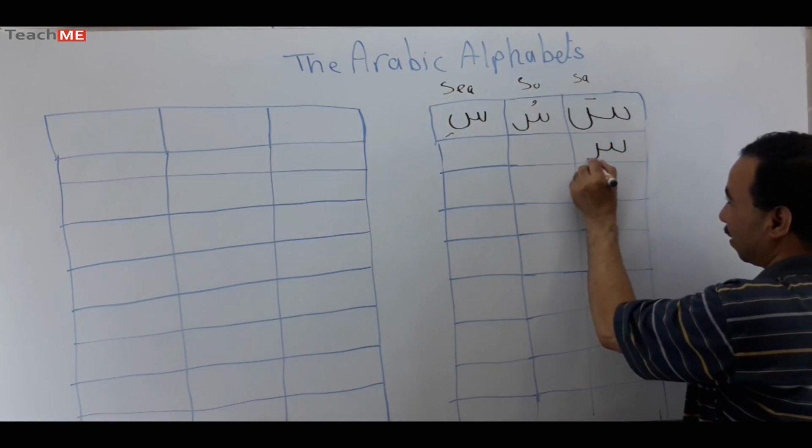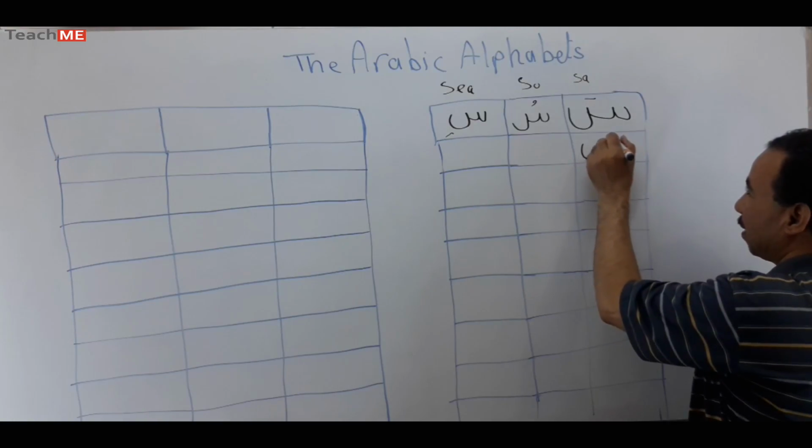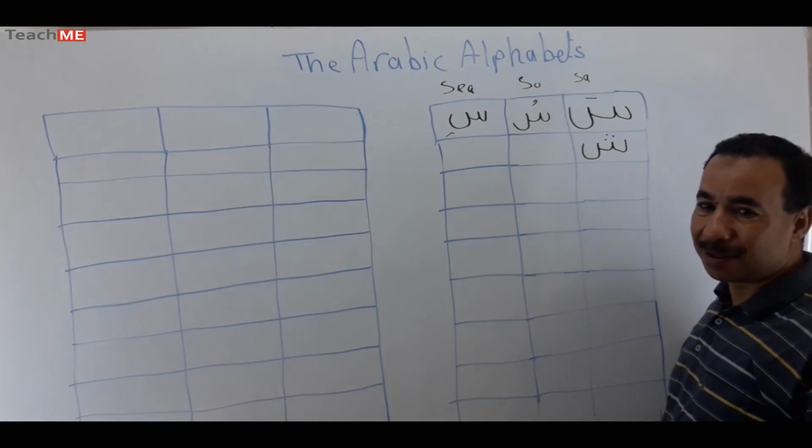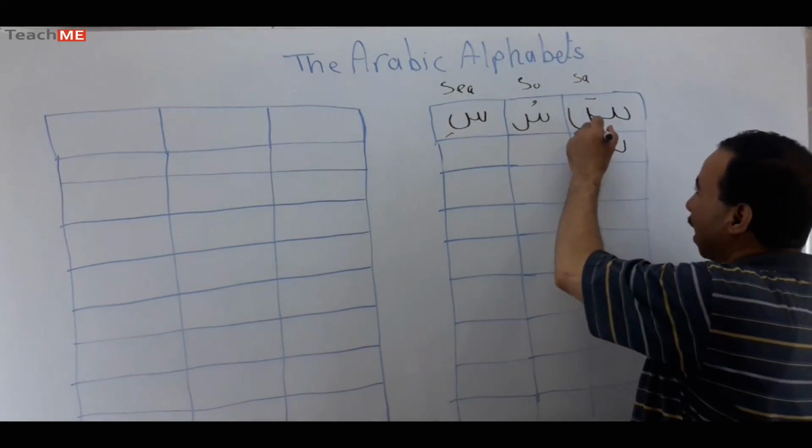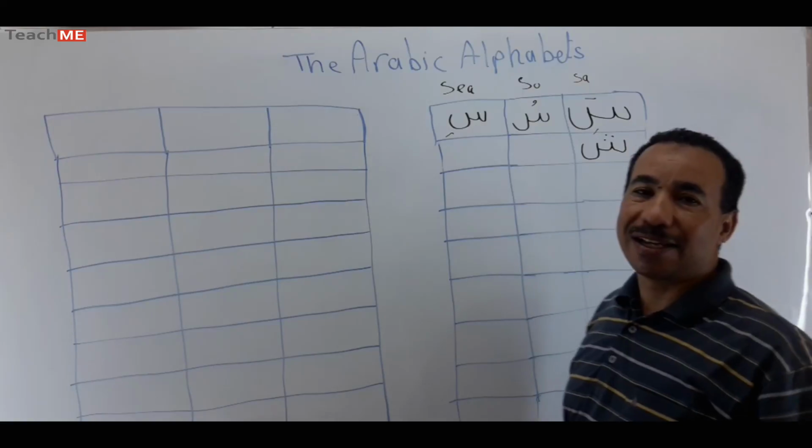The second letter is Sheen, like Seen, but it has 3 dots. It's called Sheen. If we put fatha, we get sha.